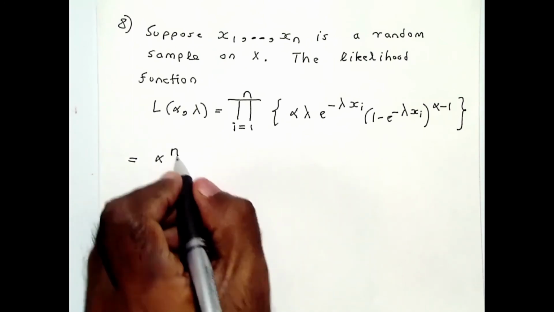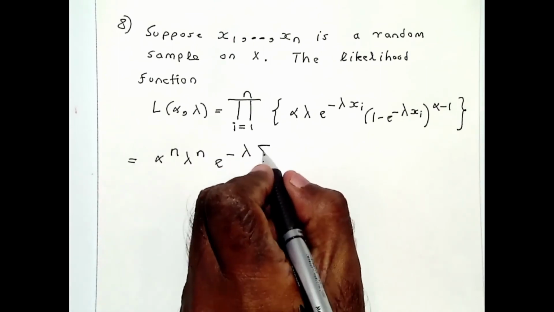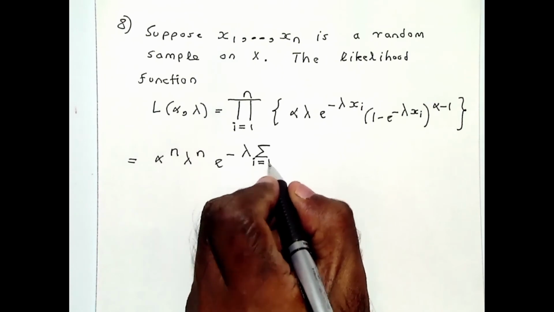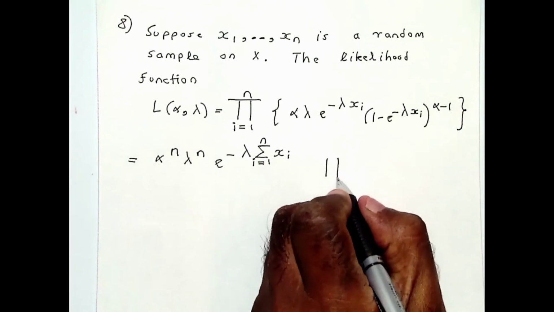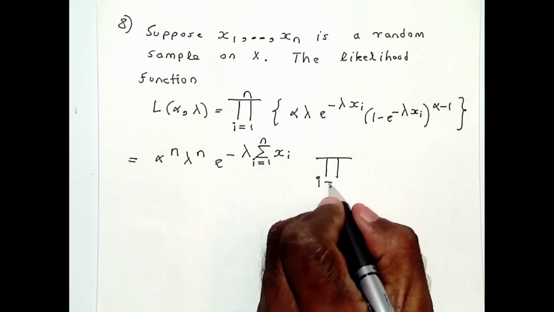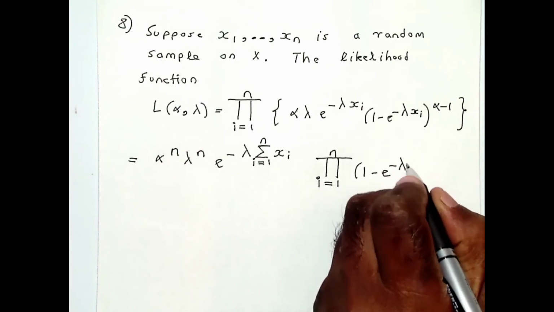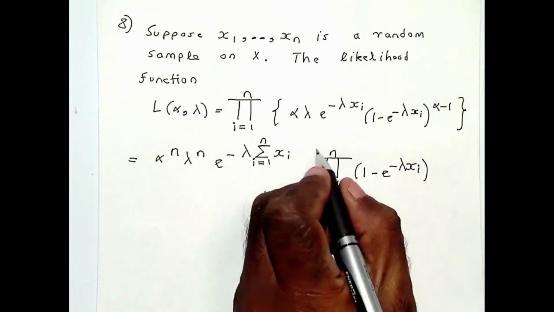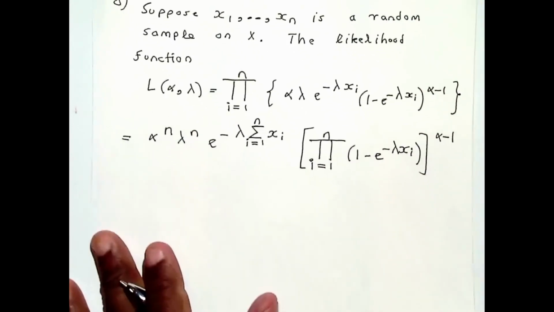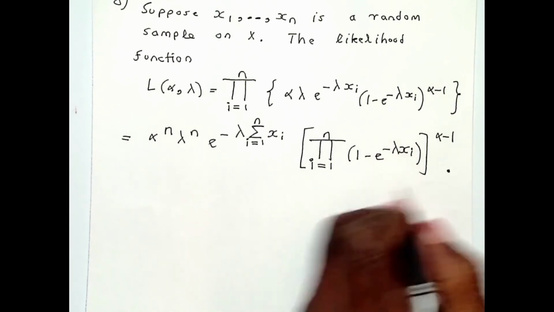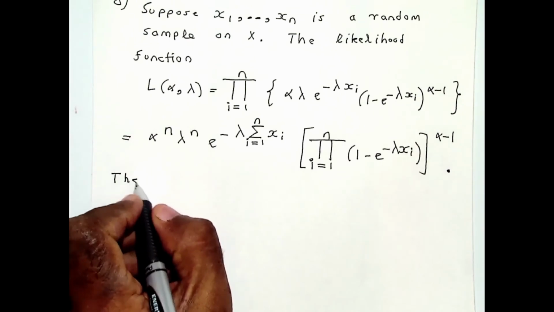Now, if you simplify the product, this is what you will get. This is the simplified form of the likelihood function. The next step for MLE is the log likelihood function.